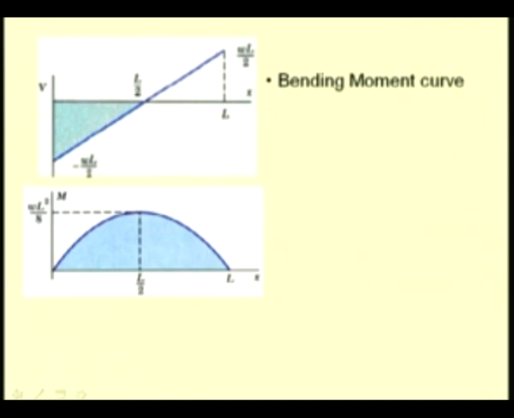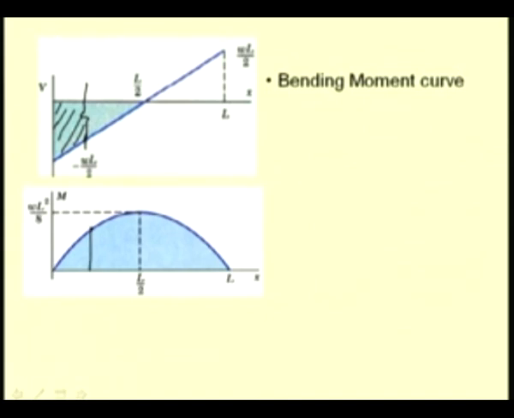The area under this curve can be found out, and the bending moment at any section, say a section at this point, is equal to the negative of the area under the shear force curve, that is the area of this portion, and that will be the bending moment at this section.